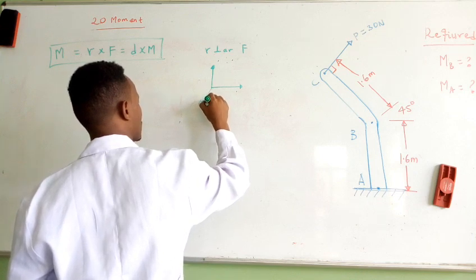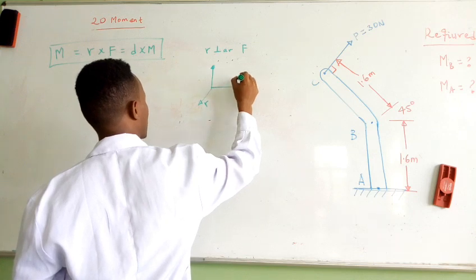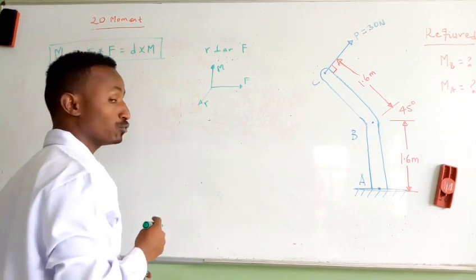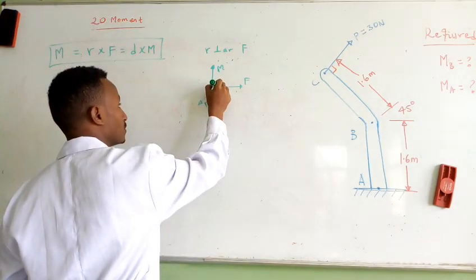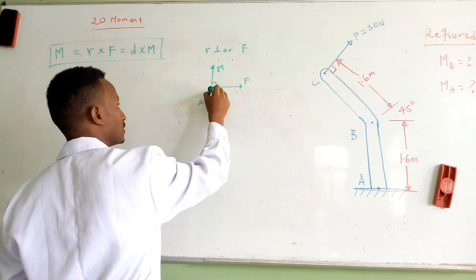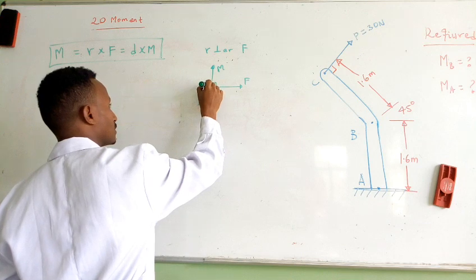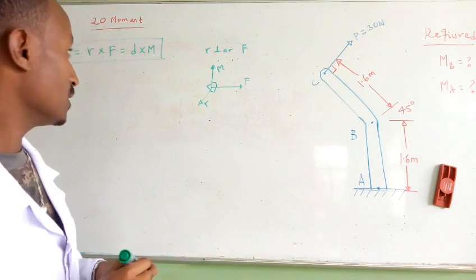So this becomes r, this becomes F, this becomes moment. They are mutually perpendicular to each other.